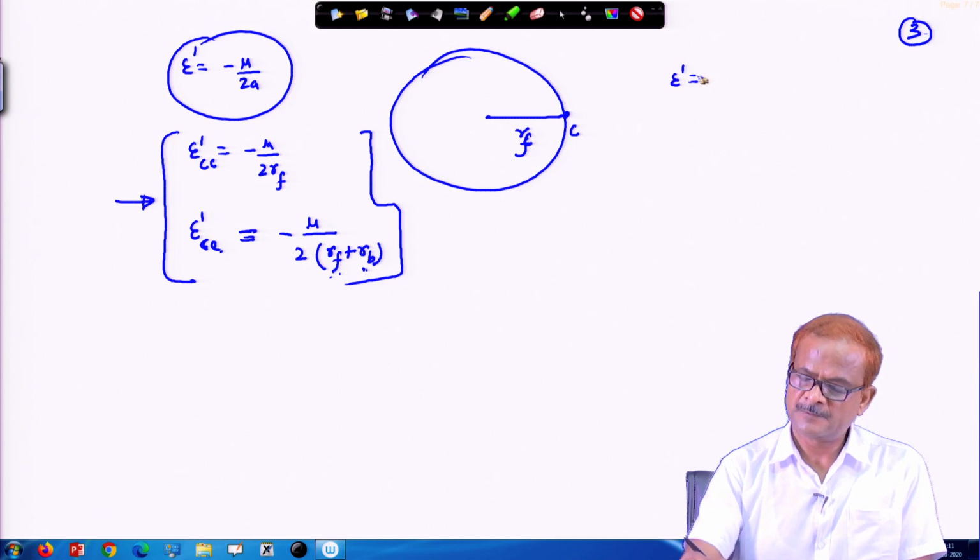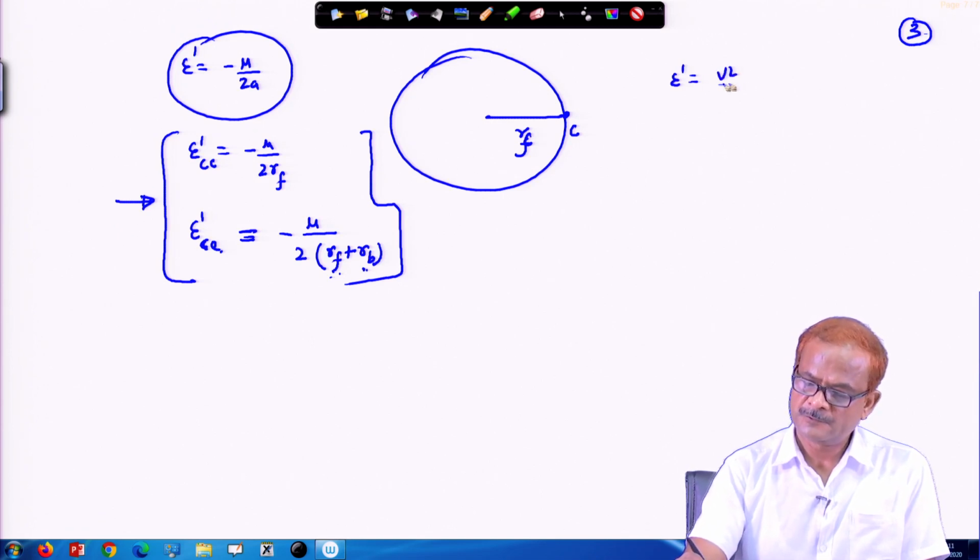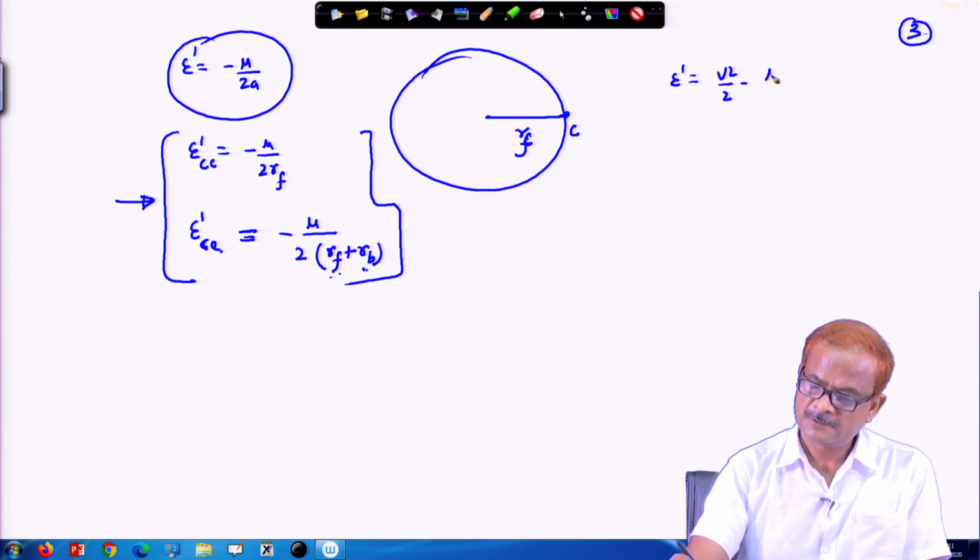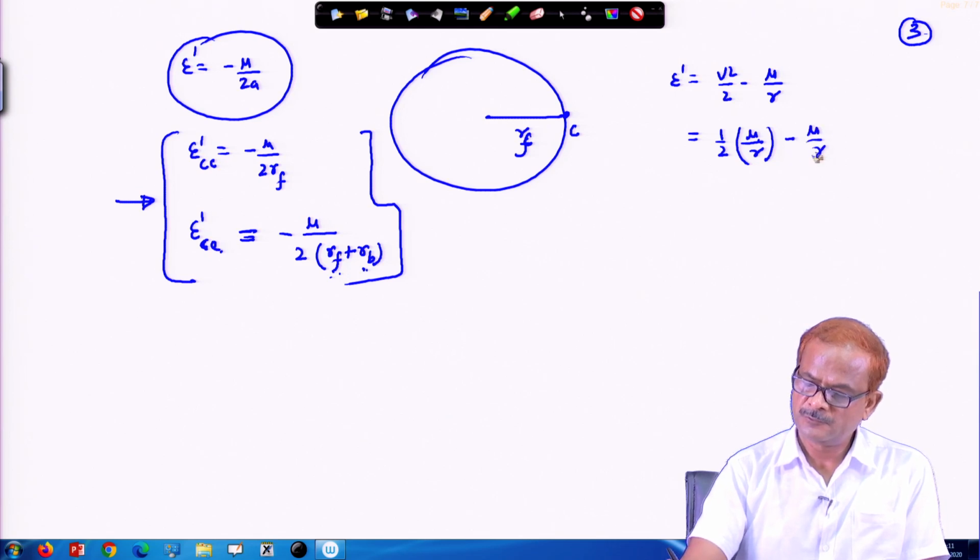Why? Because E prime equals V square by 2 minus mu by R, and V in the circular orbit is the square root of mu by R. So, this gets mu by R minus mu by R, and once you subtract, you can immediately check that mu by R can be taken common, 1 by 2 minus 1.